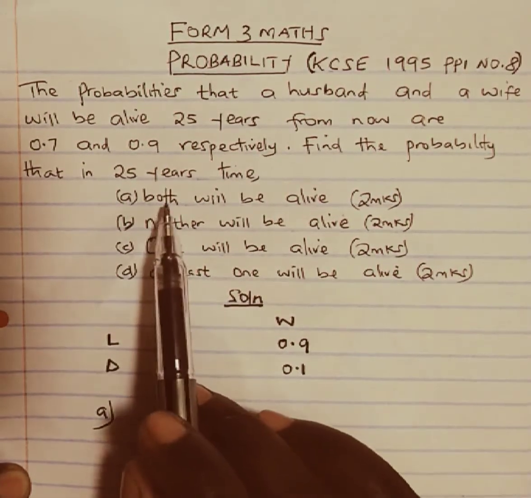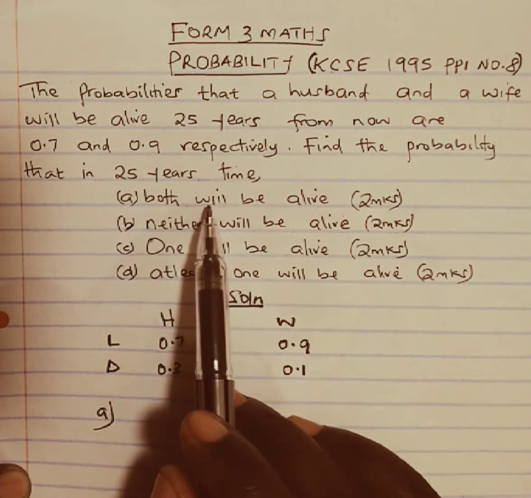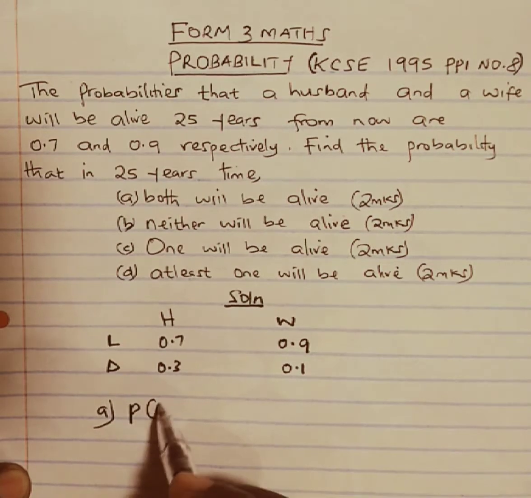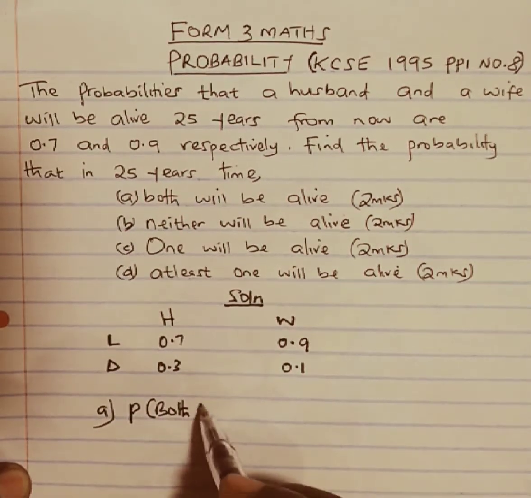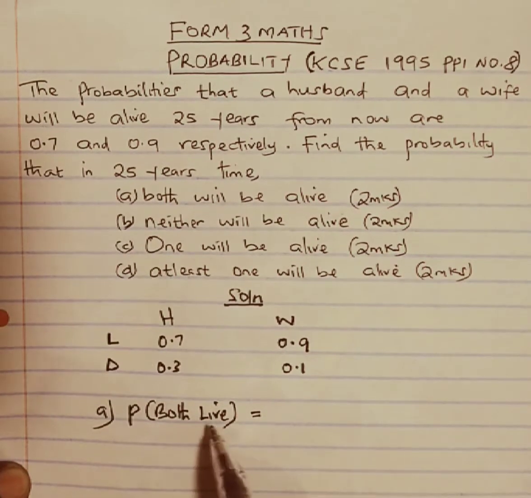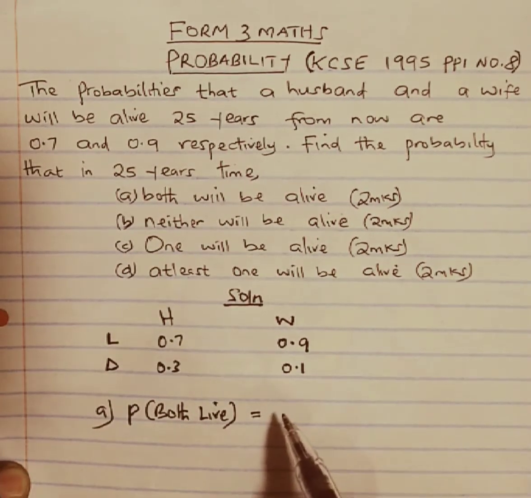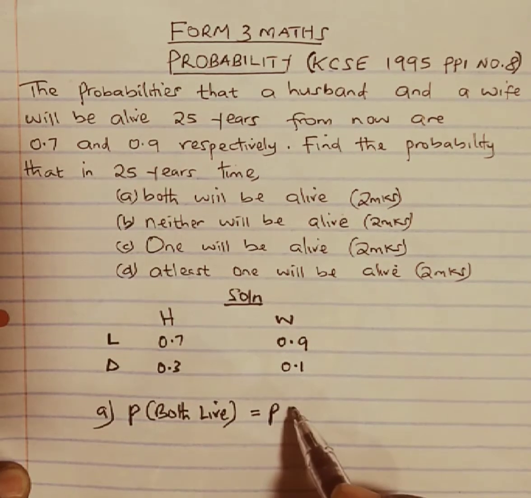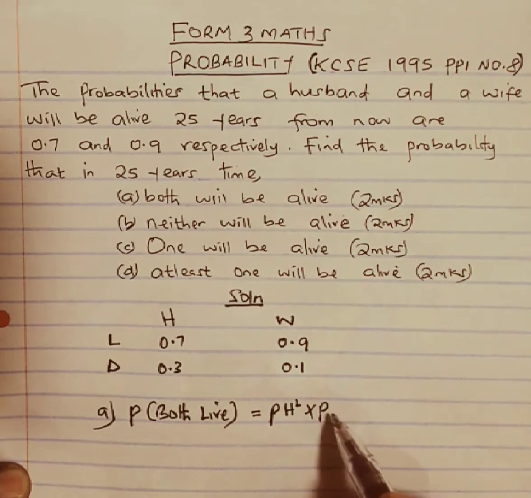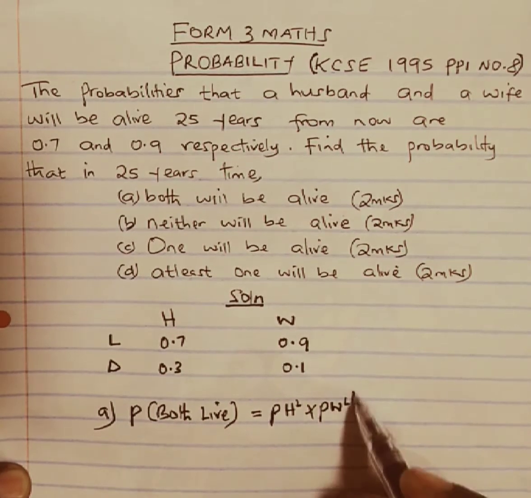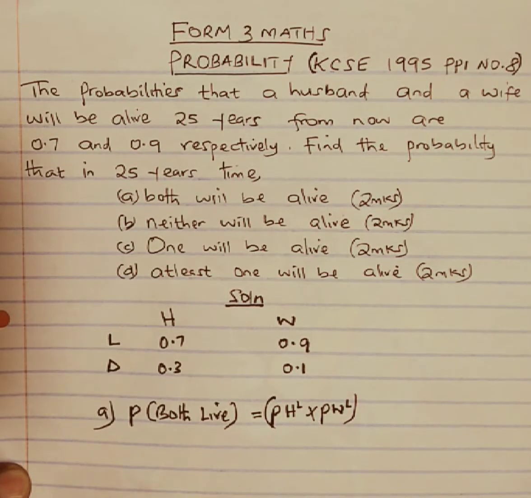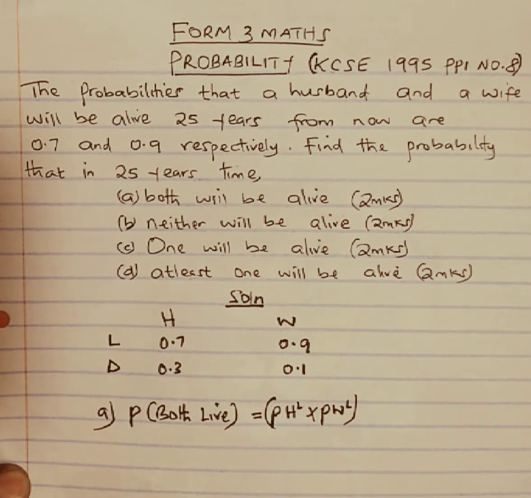Part A, we are supposed to calculate the probability that both will be alive. So probability that both will live. To find this, we take the probability of the husband living, we multiply with the probability of the wife living, so that we can get the probability that both will be alive in the next 25 years.